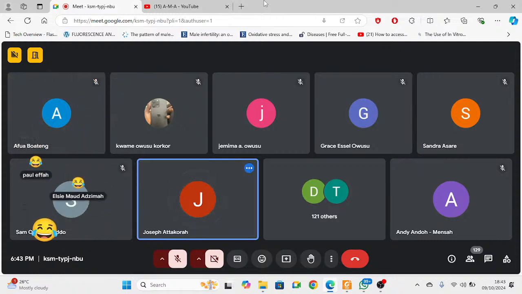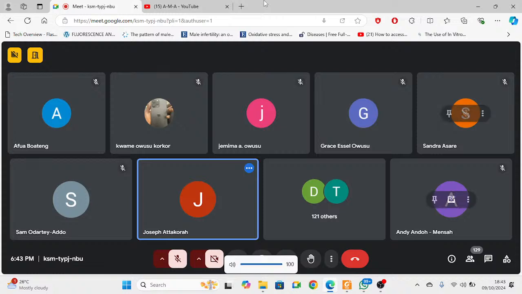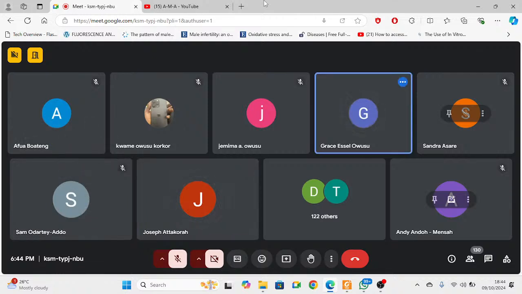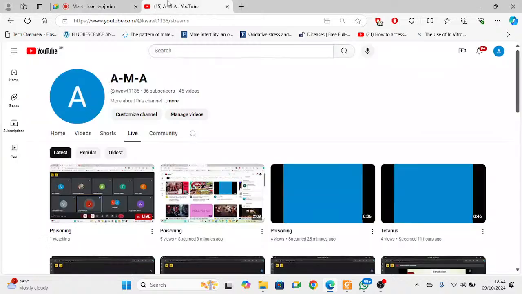Who is laughing? Look at them. Caleb, Grace Owusu, tell me the guidelines that you need, and I'll give you the guideline. Oh, Doc, we just want you to go through with us.